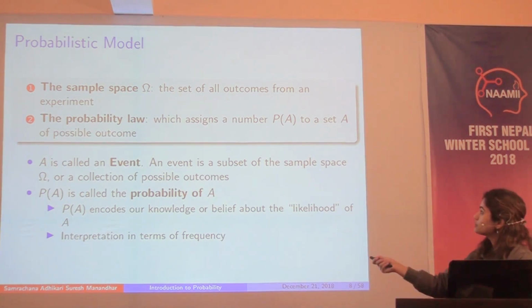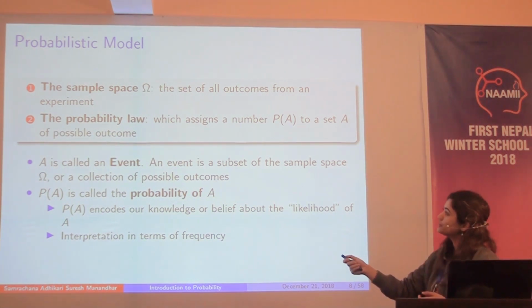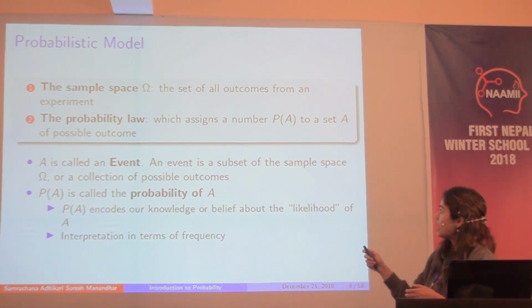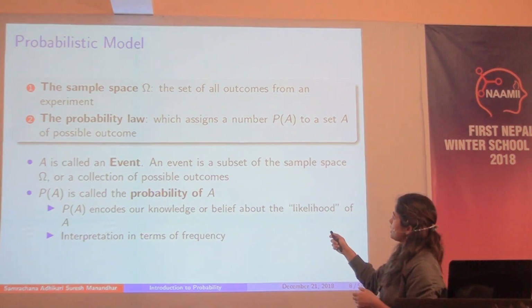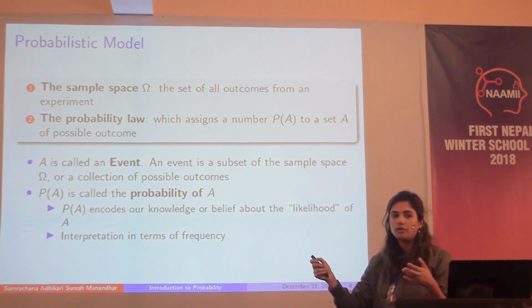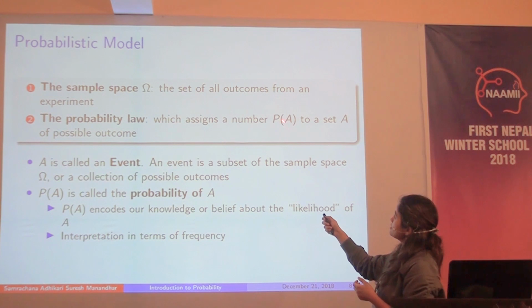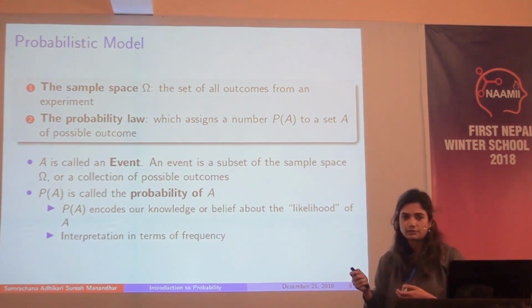And then if I were to compute the probability of getting an even numbered face when rolling a dice, then I want to compute P of A, and the probability law is the function I use to assign this number to a set of possible outcomes.